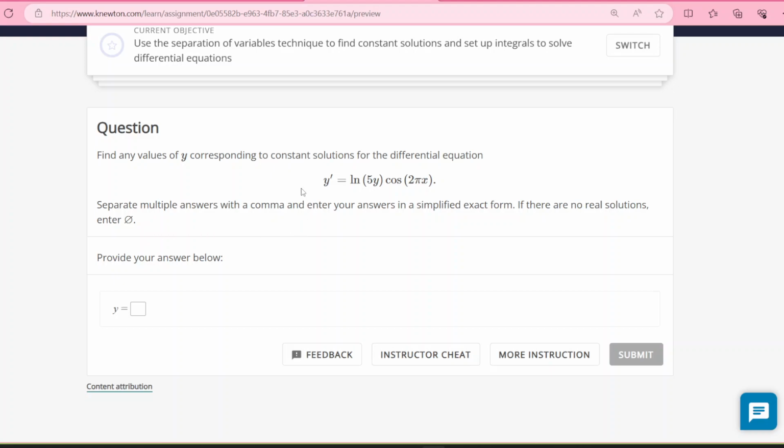So we are simply asked to find constant solutions here. So let me write this out on some paper and go into what that means.